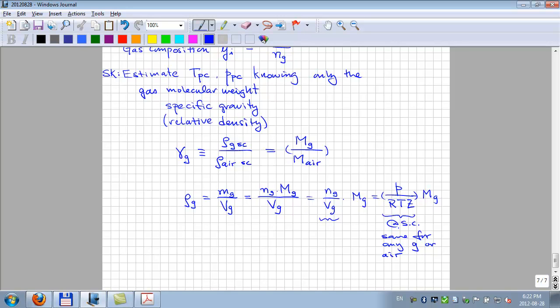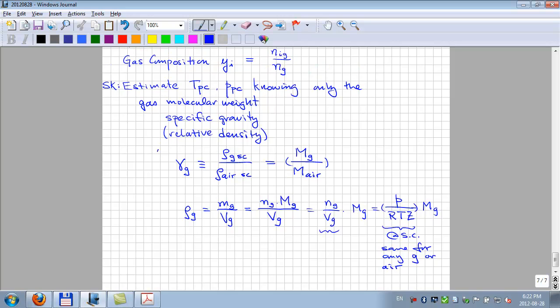And this is often measured, available, while composition may not be.